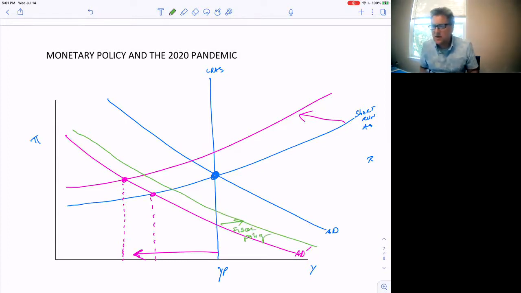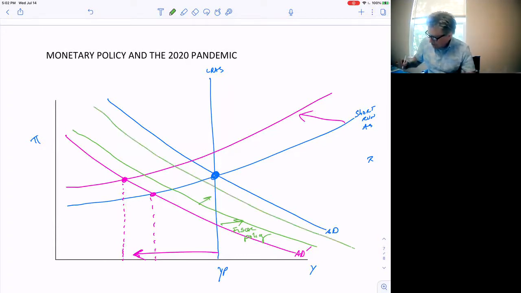And then there was a lot of monetary policy too. The Fed increased the money supply, lowered interest rates, brought interest rates down to about 0, and then continued to increase the money supply substantially by trillions of dollars, more really than they ever had done before, which pushed aggregate demand to the right.